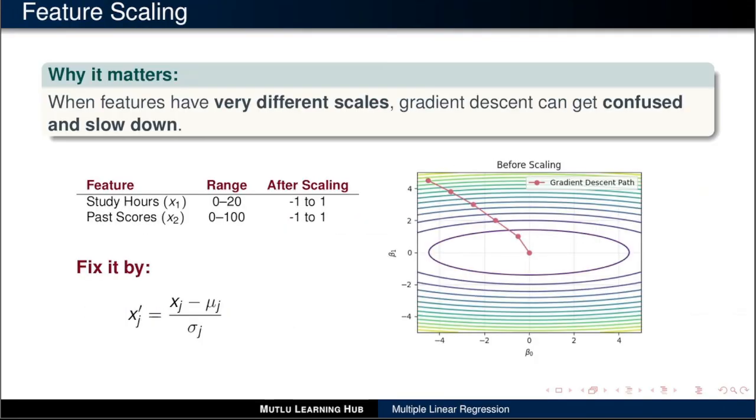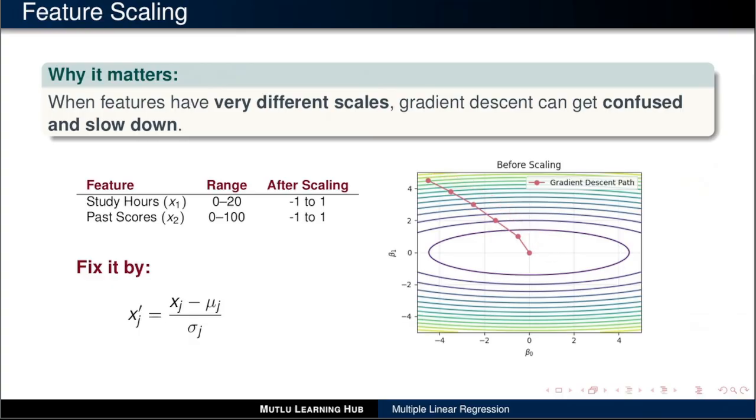Here is a practical issue, feature scaling. When features are on different scales like study hours 0 to 20 and past scores 0 to 100, gradient descent can get confused. It moves unevenly across the cost surface and may take forever to converge.